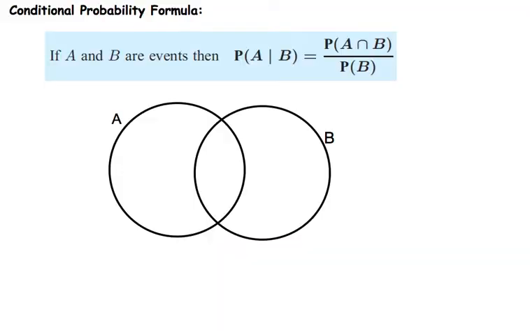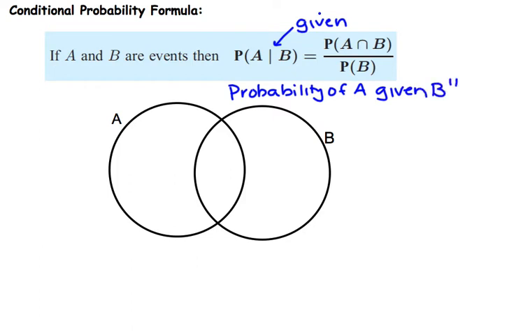So the conditional probability formula, how you say this is the probability of A given B. So this notation here, this little line, says "given." So the probability of A given B is how you say that.